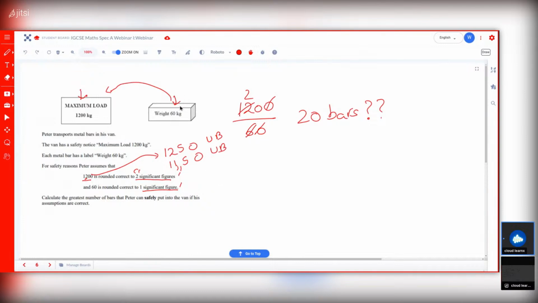And the weight could be anything from, the first significant figure was the tens, so 65 kilograms and 55 kilograms. Right. So now the picture changes, right? So what are you going to assume for the maximum load and the weight of the bar? You want to assume safety first, obviously. Wants to be safe.